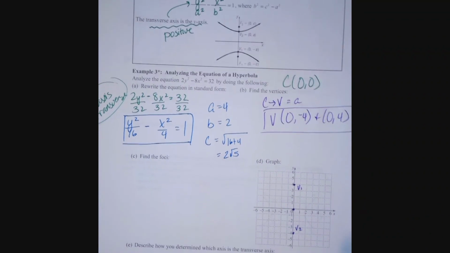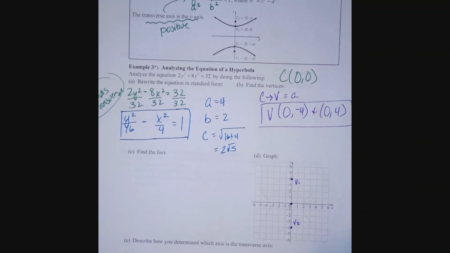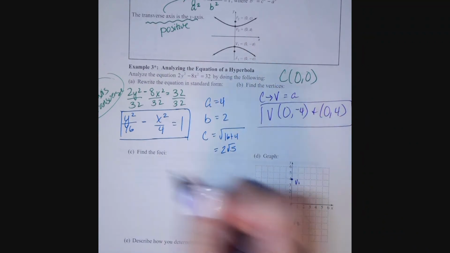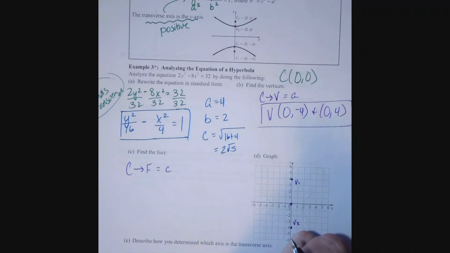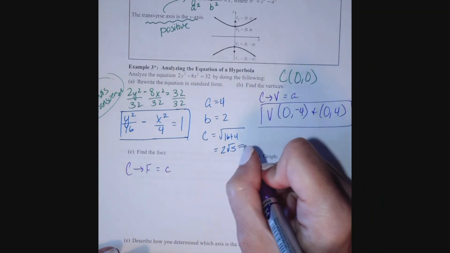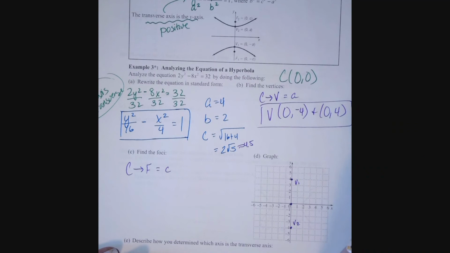Then I'm told to find the foci. The distance to the foci is going to be c. So from center to the foci, that distance is c. My foci are further out than the vertices, as we expected. 2 square roots of 5 is about 4.5.